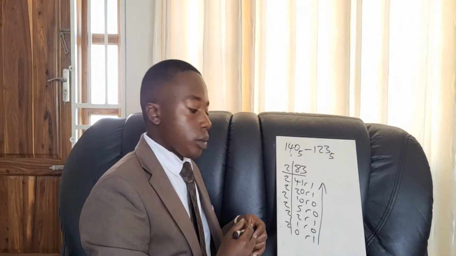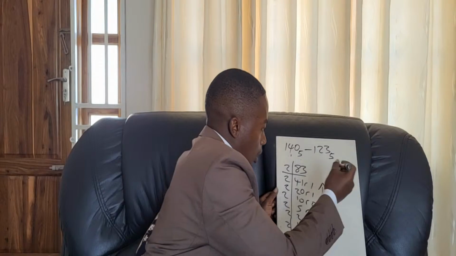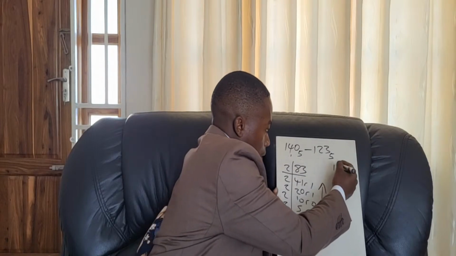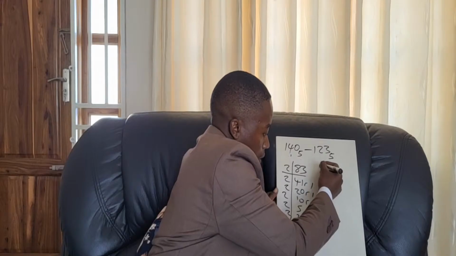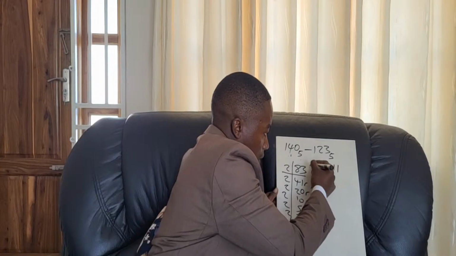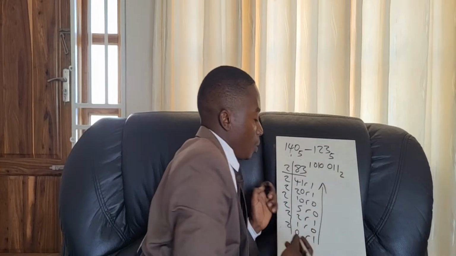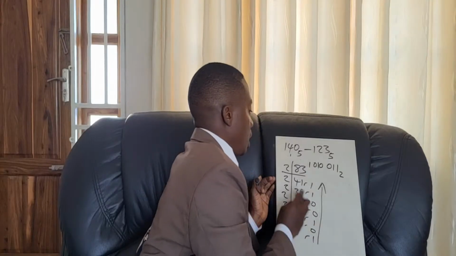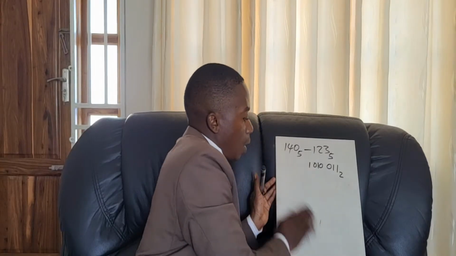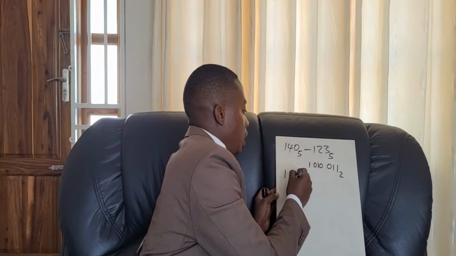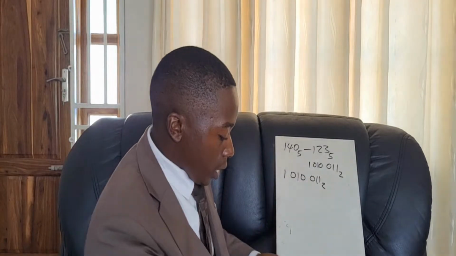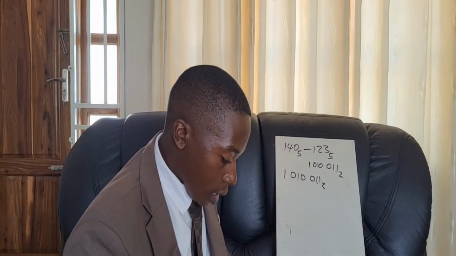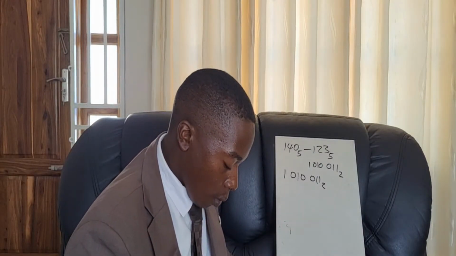So the answer is 1, 0, 1, 0, 0, 1, 1 base 2. That's our answer in this case. That's number 19.